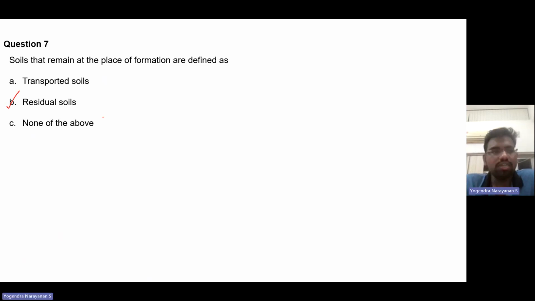In the further weeks, we will be studying various types of residual soils, their deposits, and how residual and transported soils are differentiated based on their density, mineralogy, grain arrangement, etc. I hope you understand the discussions.